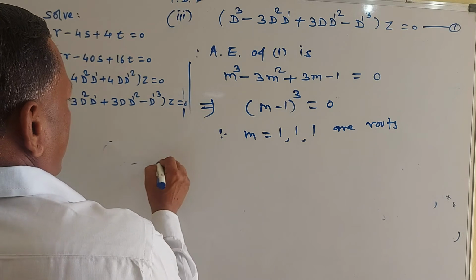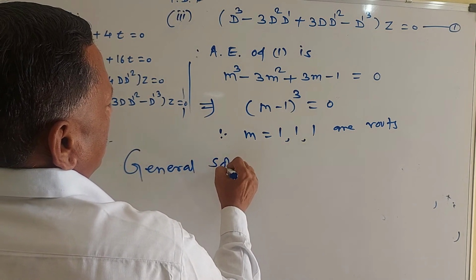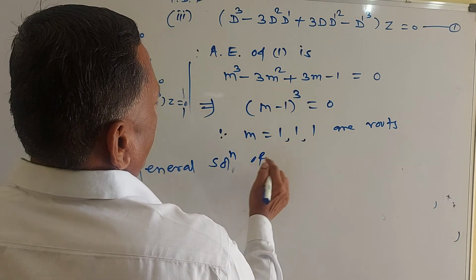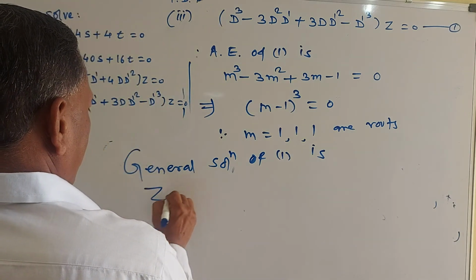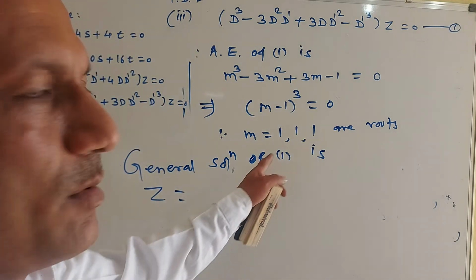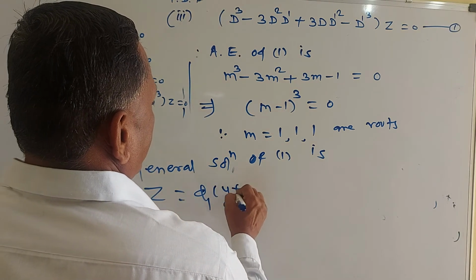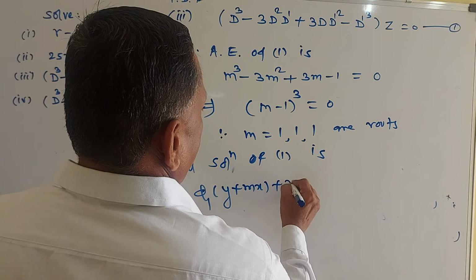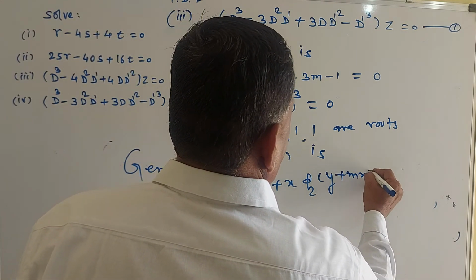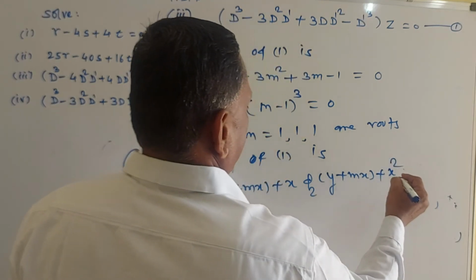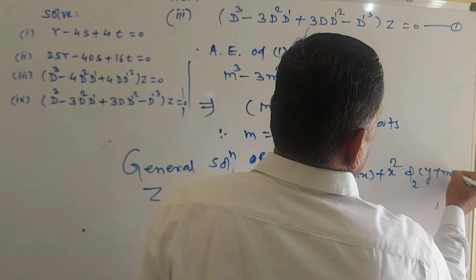Therefore the general solution of equation 1 is z is equal to, here m occurs 3 times, therefore phi 1 of y plus mx, plus x into phi 2 of y plus mx, plus x square into phi 3 of y plus mx.